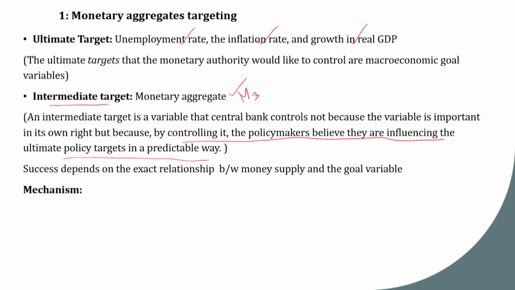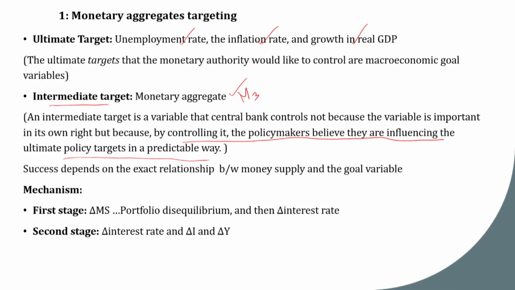So the success depends on the exact relationship between money supply and the goal variable, the intermediate target and the ultimate targets. How does the mechanism work? Here we can recall some of our discussion from the financial market discussion, the bond market.